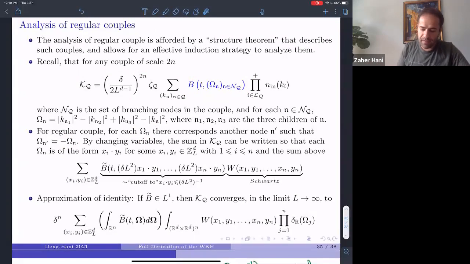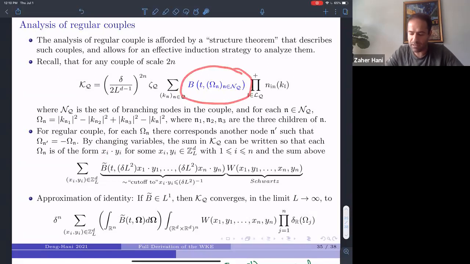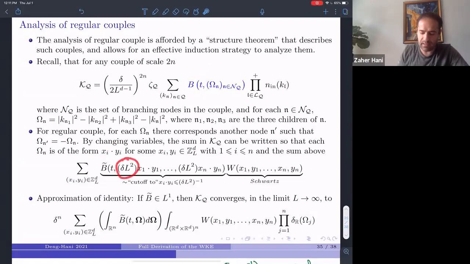So if you can change variables so that you make each omega n of the form x dot y, where x and y are in Z^d, what turns out, I know I'm out of time, so I'll go quickly, is that this time function, this b function, becomes a function b tilde of x1 dot y1 up to xn dot yn, and each of those resonant factors is preceded by delta L squared.